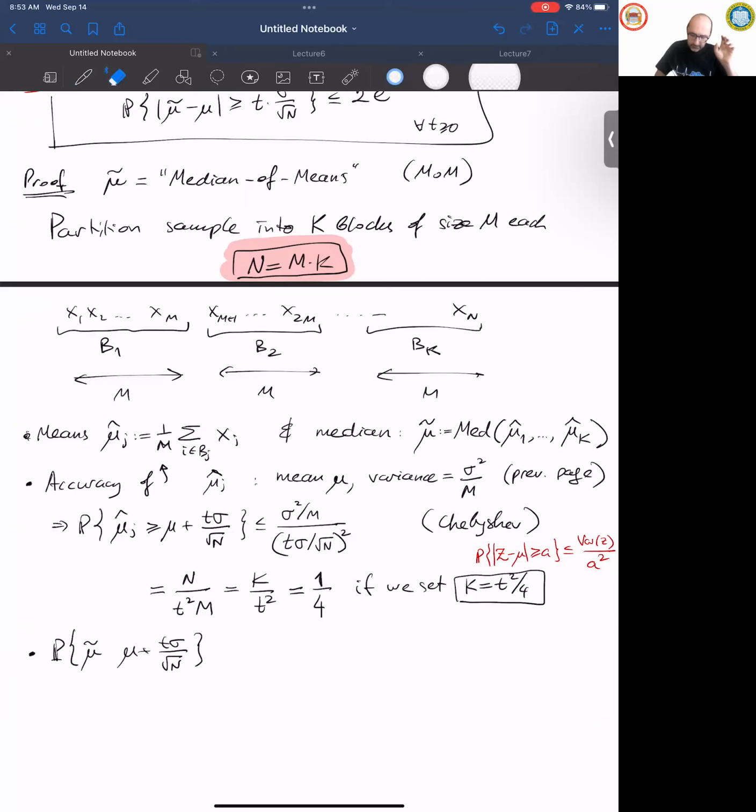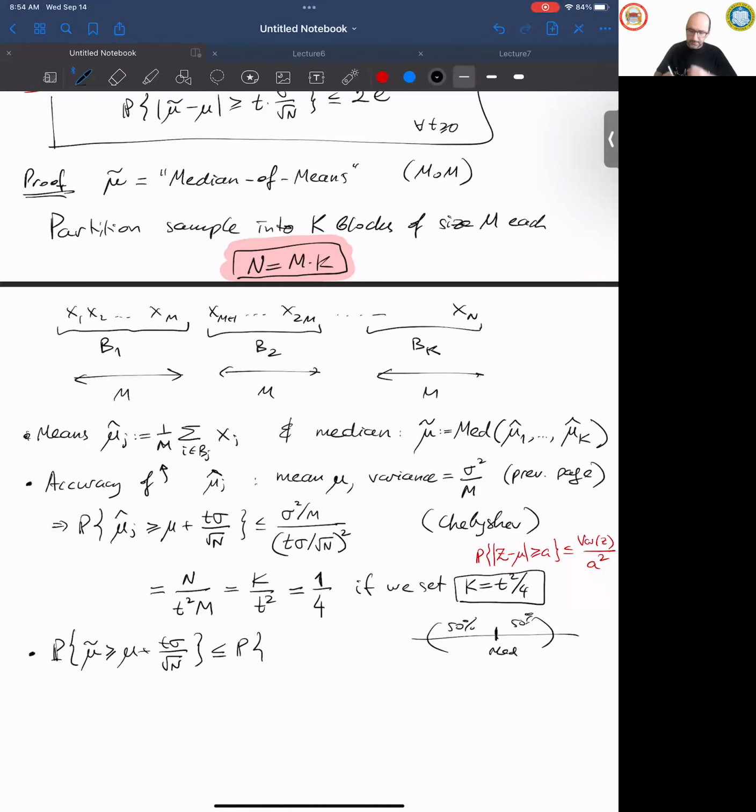Now, suppose this is a bad event, that we overestimate, the median is too large. The median, remember, is like 50% here and 50% here.